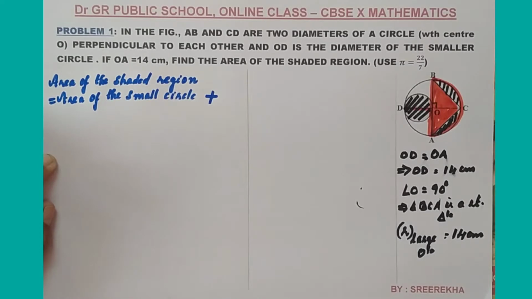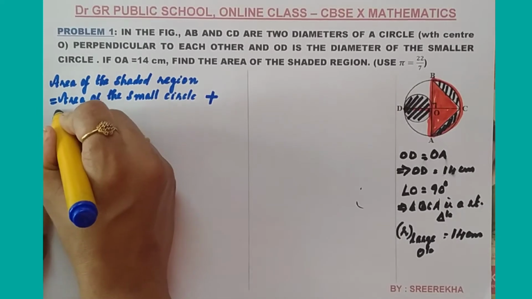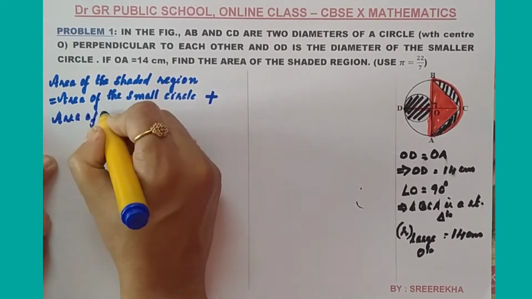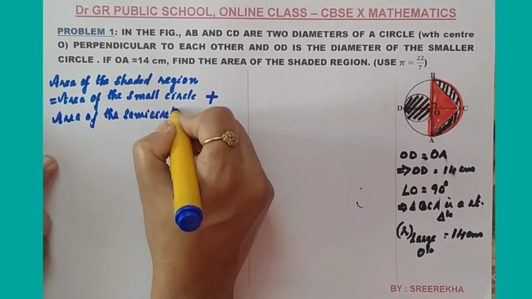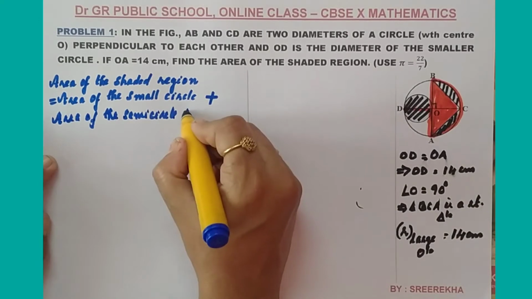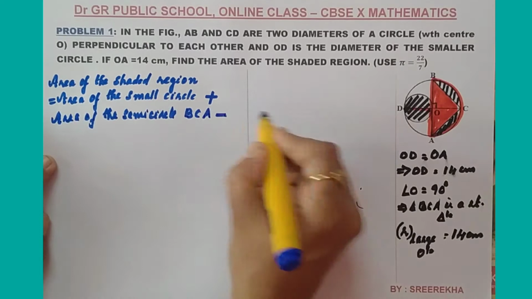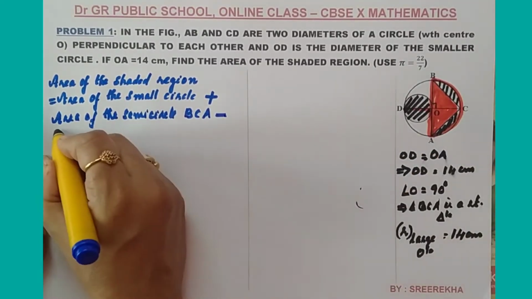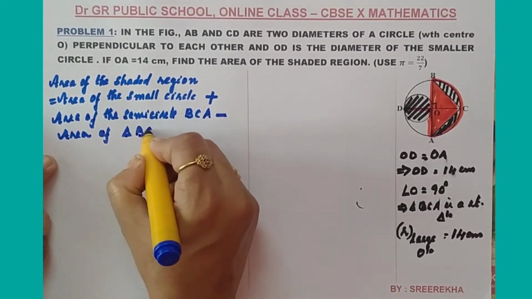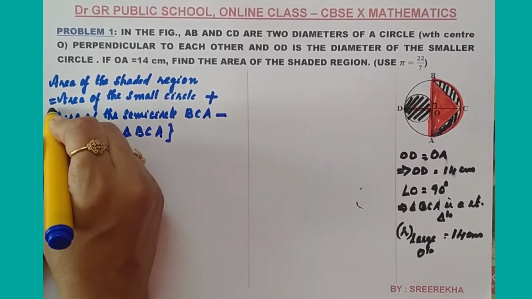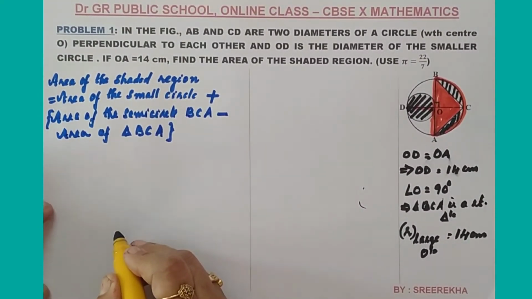So I am going to write: area of the semicircle BCA minus area of triangle BCA. This is actually the required area. So, two areas are given here. One by one we can find.